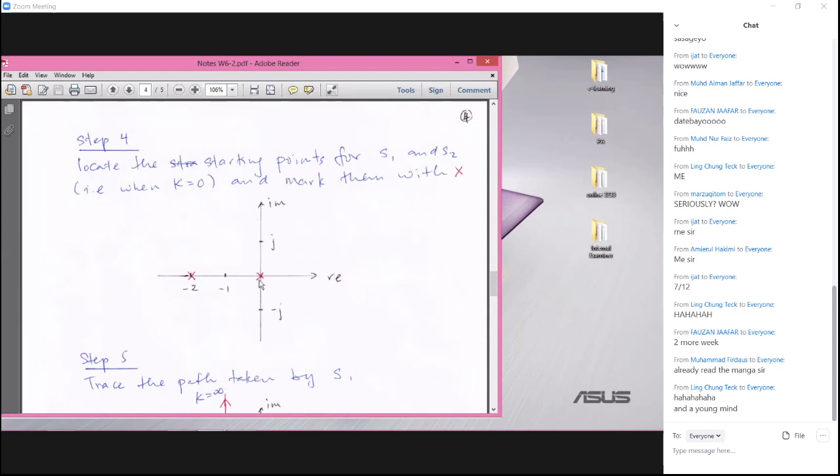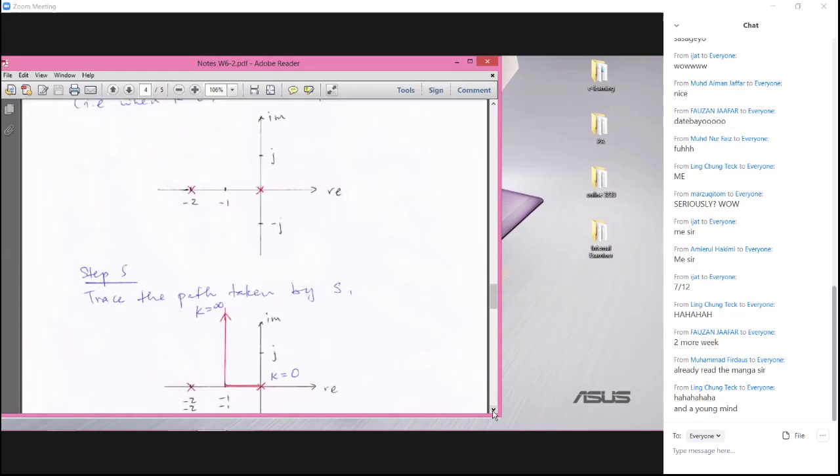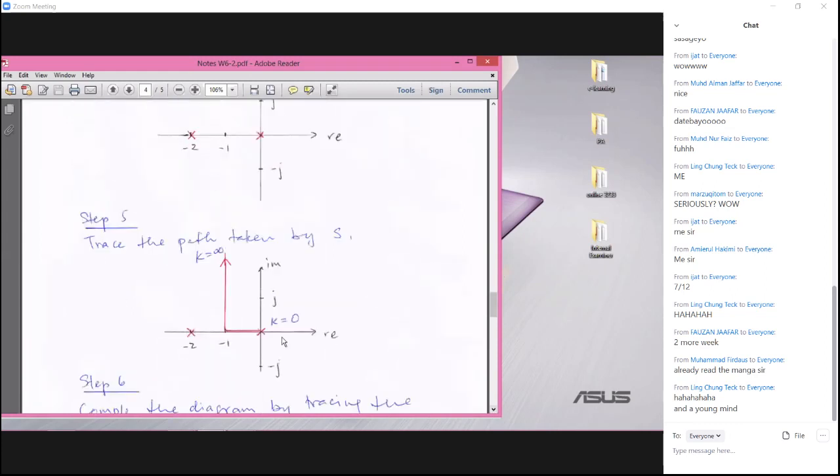Let us first trace s1, the first path. It starts at 0. Until k is equal to 1, the roots are still real numbers. When k is greater than 1, it becomes a complex root.